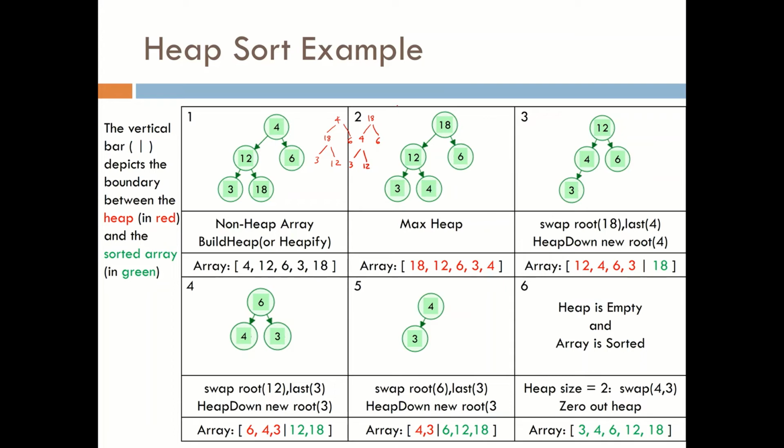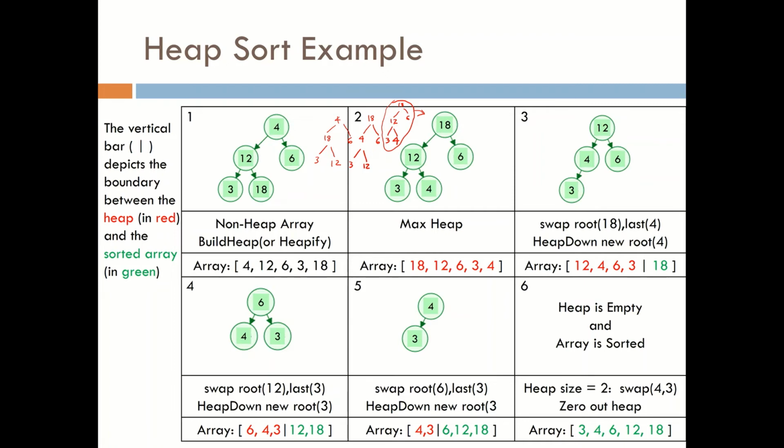Then that tree looks like the 18 stays at the top, the 6 stays there, and the 12 comes over here, the 3, and then finally the 4. And if you notice, this particular depiction of the heap is what we have here.